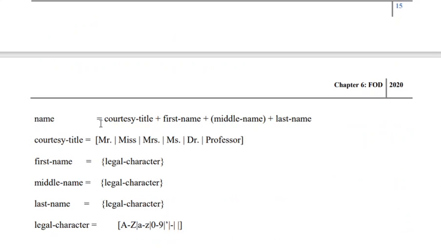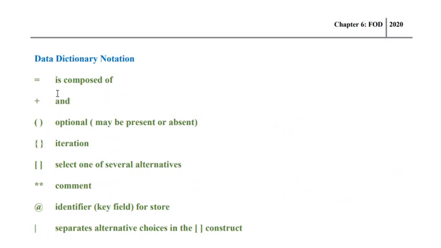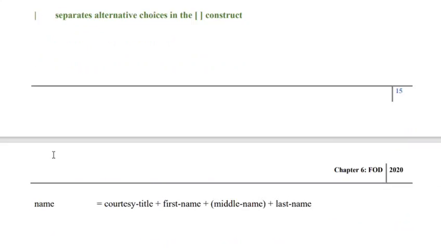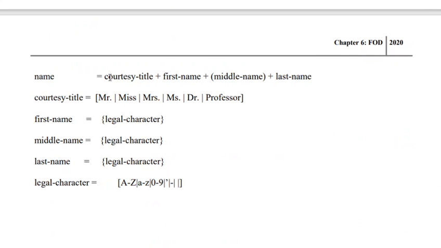Now name: you have courtesy title plus first name, optional middle name, and last name. So that is the way a name is defined. Name is composed of courtesy title, Mr., Mrs., Doctor, Professor, then first name, optional middle name, and last name.